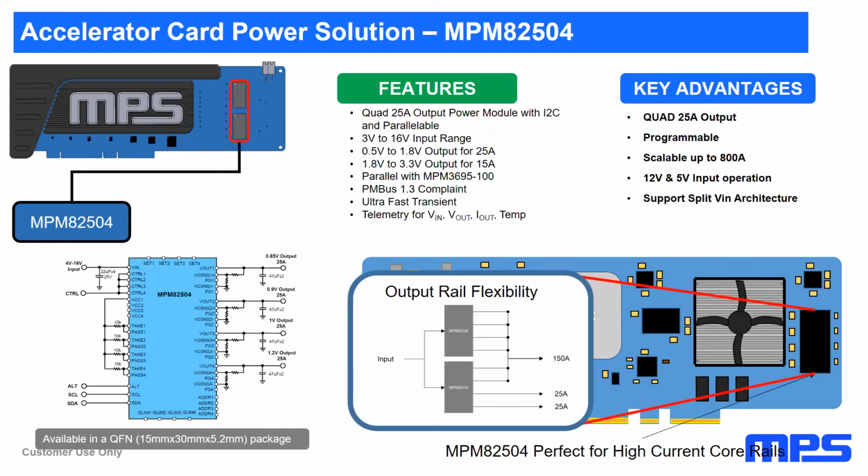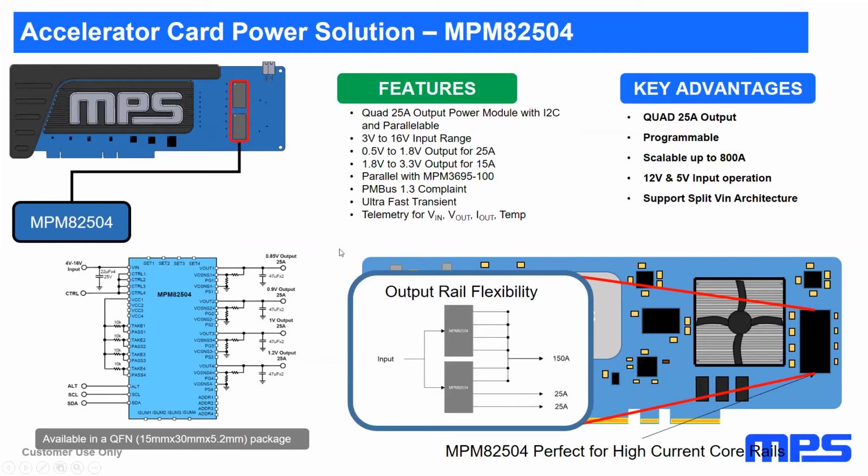So now jumping into our MPM82504. This is a newer device, and as I showed in our demo before for the accelerator card, this device can be paralleled up to 800 amps. It also offers great output flexibility, which, as I'll show later on, we use for different solution types.